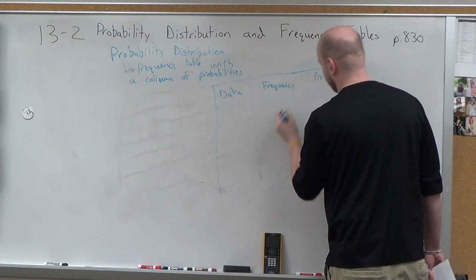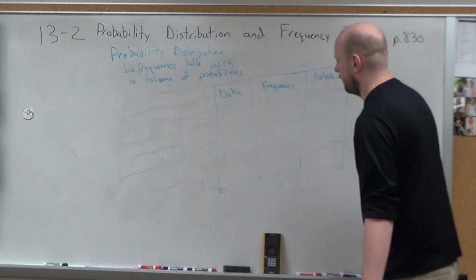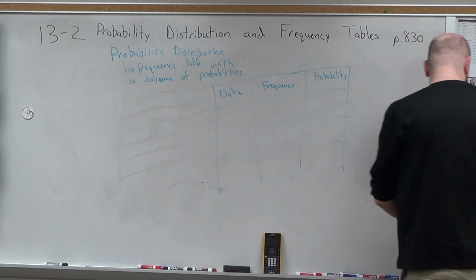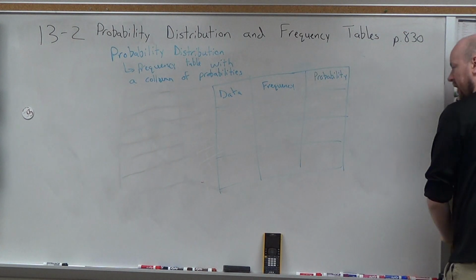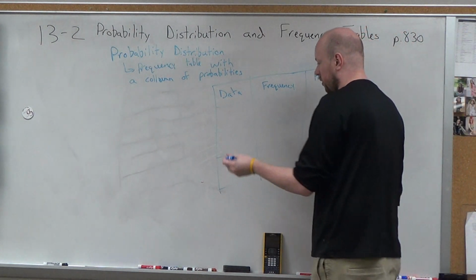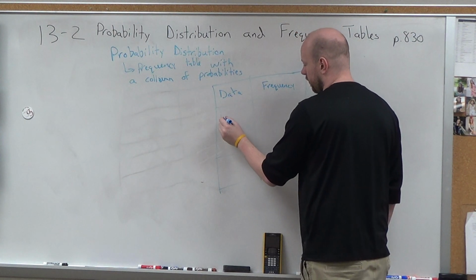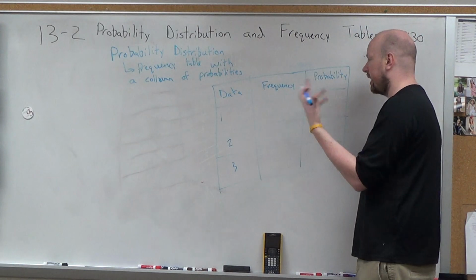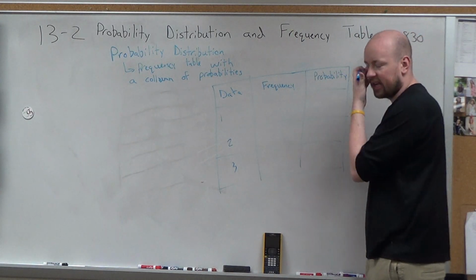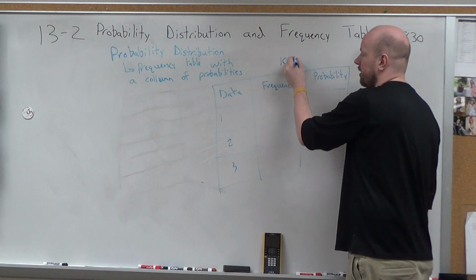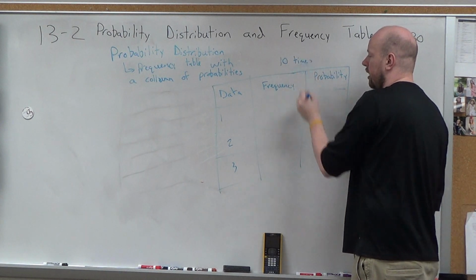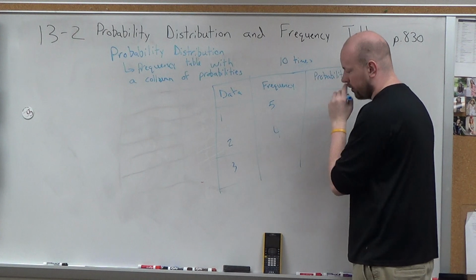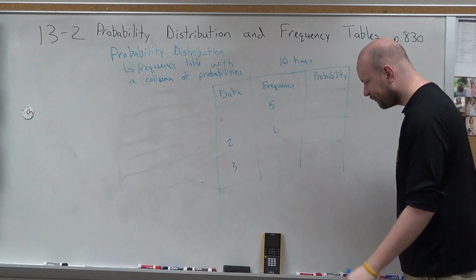So let's say I have something real simple, like rolling a dice. I could roll a 1, I could roll a 2, I could roll a 3. The frequency that I did that, let's say I rolled 10 times, and I had 5 1s, 4 2s, and 1 3.